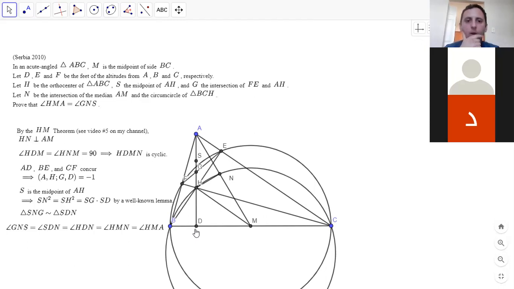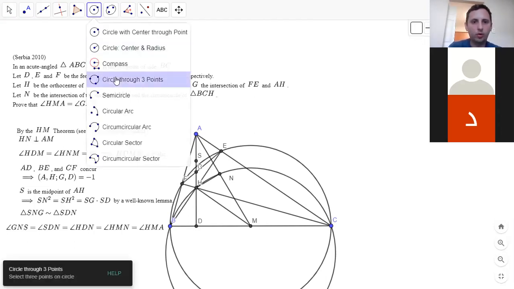Yeah. And then we have to draw the circumcircle of AFHE.